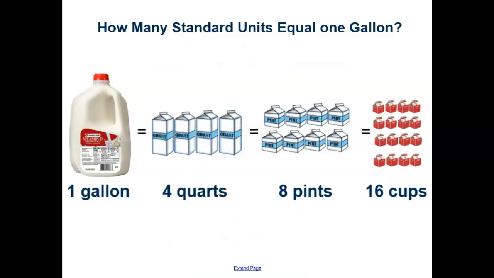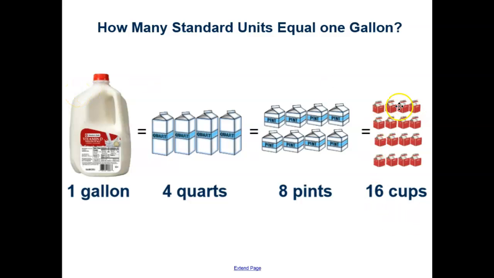So you might be thinking to yourself, well, if gallon is the largest amount, how many standard units equal 1 gallon? So I would like to show you. So 4 quarts is equal to 1 gallon. 8 pints is equal to 1 gallon.